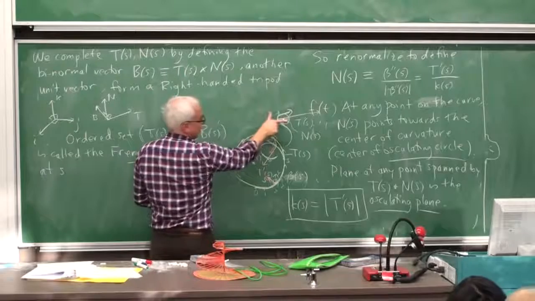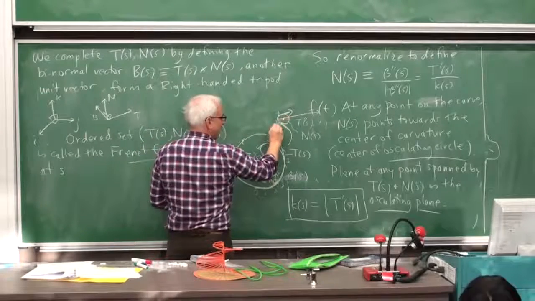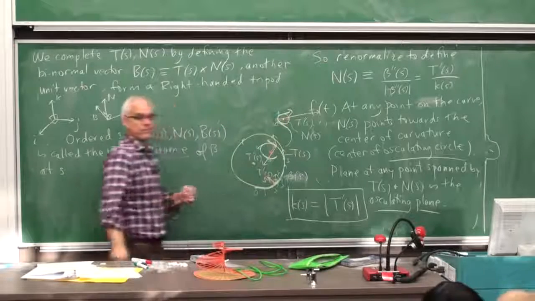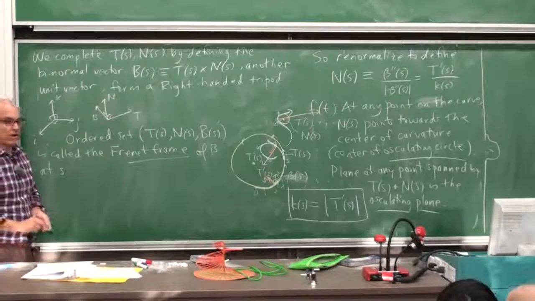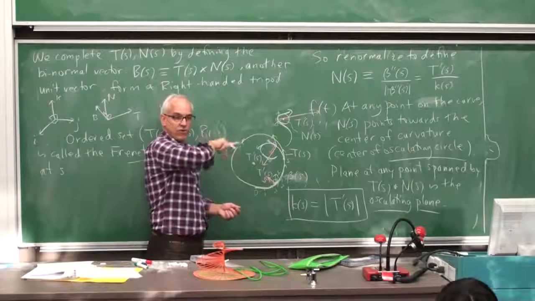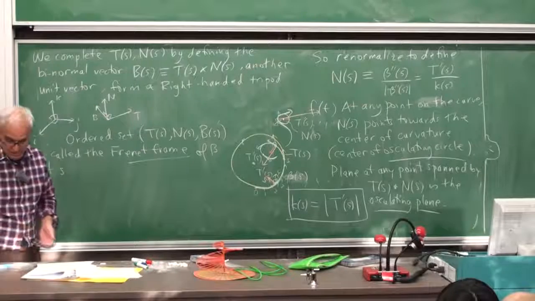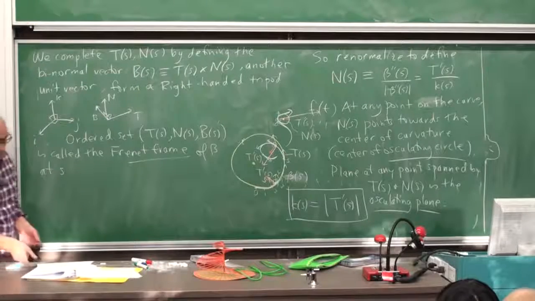Here we have a T here, an N here. The beta is going to be going in the direction of the board. So at every point on the curve we have this tripod, these 3 vectors, and they're rotating around with the curve, and that's called the Frenet frame.